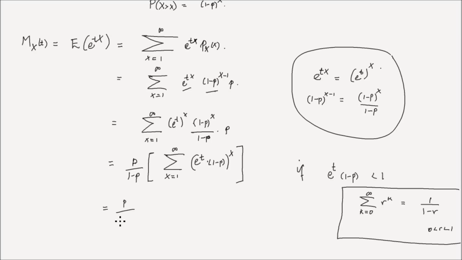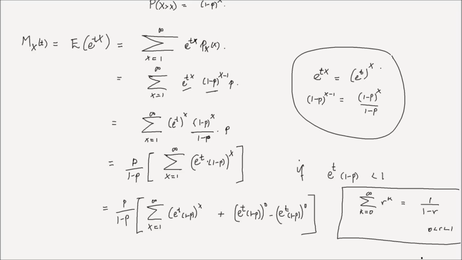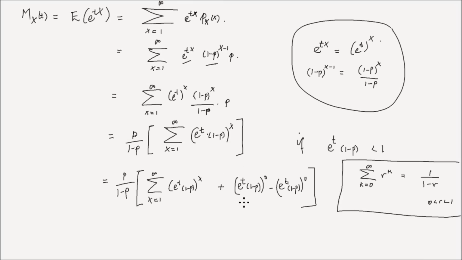So I can do p divided by 1 minus p times, if I add to the summation of (e to the t times 1 minus p) to the power of x, the term (e to the power of t times 1 minus p) to the power of 0, and subtract (e to the t times 1 minus p) again to the power of 0, I haven't changed that sum because I've added a number and subtracted a number. And fortunately enough, that number is simply 1. So I've added 1 and subtracted 1.